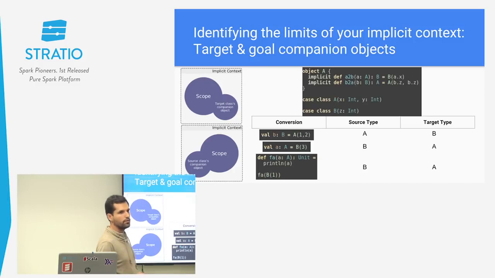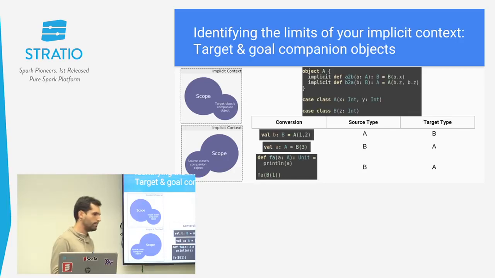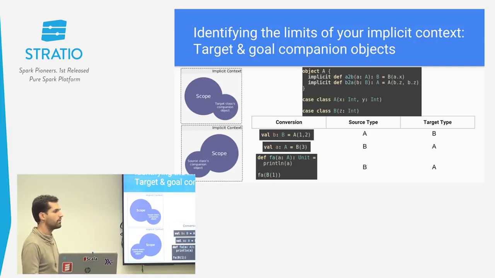And that's all, there are no more pockets here. There is no trick. Whenever you find that you are getting implicit conversions or implicit values without knowing exactly where they come from, go to three places. Go to your scope, the implicit context; go to the companion object implicit definitions; and go to your parameters, the implicit parameters.